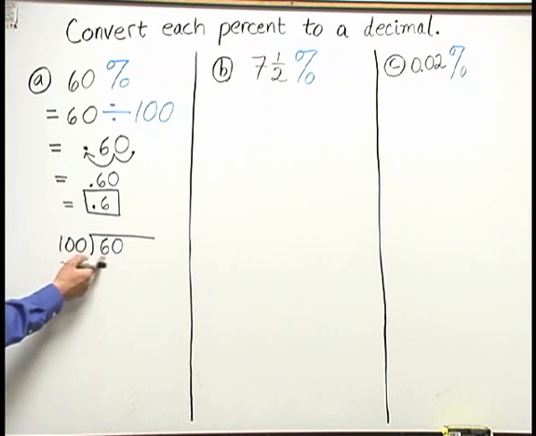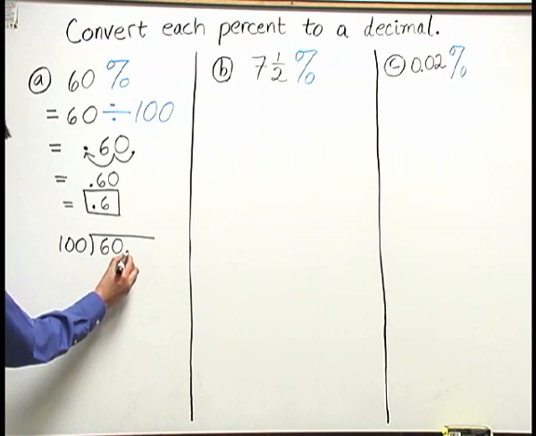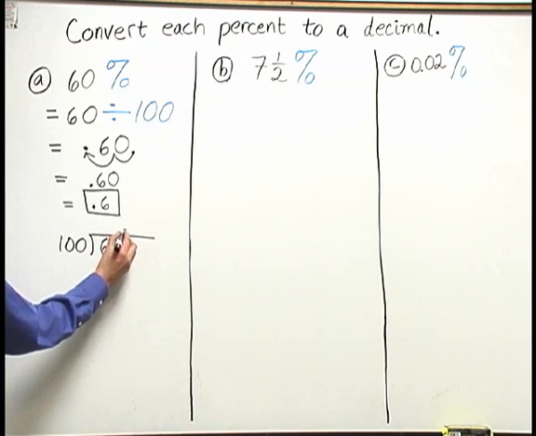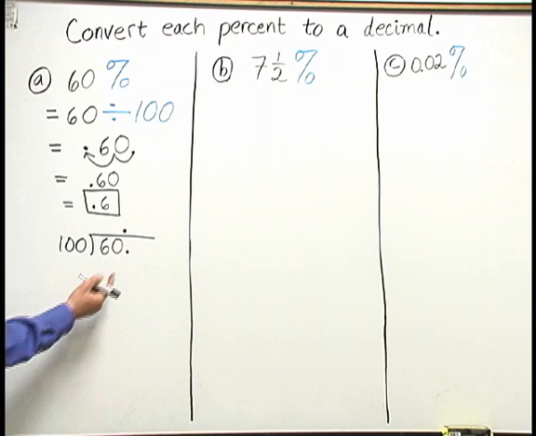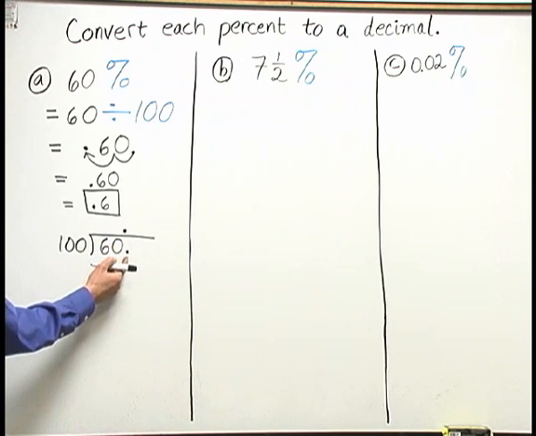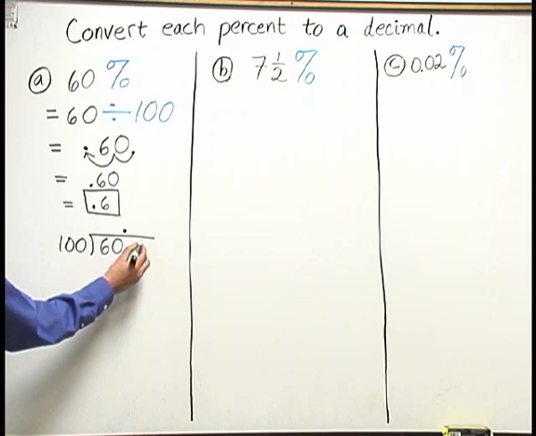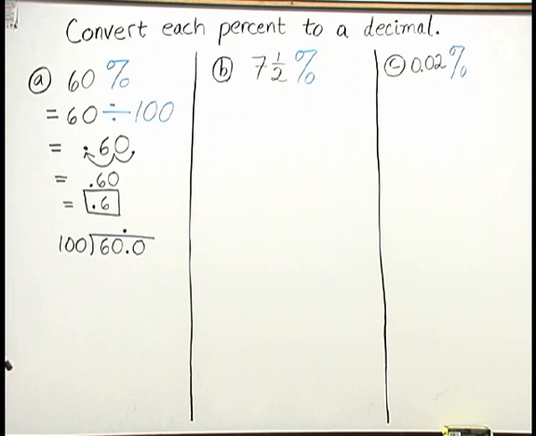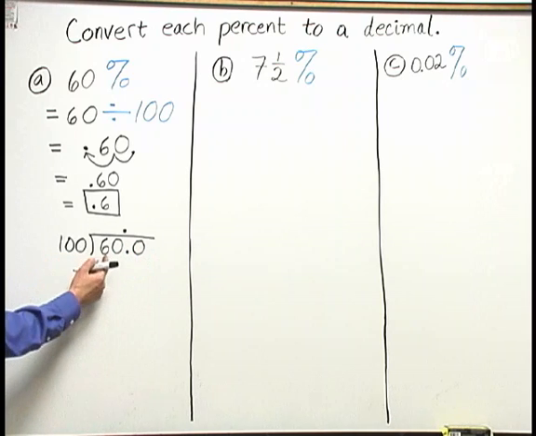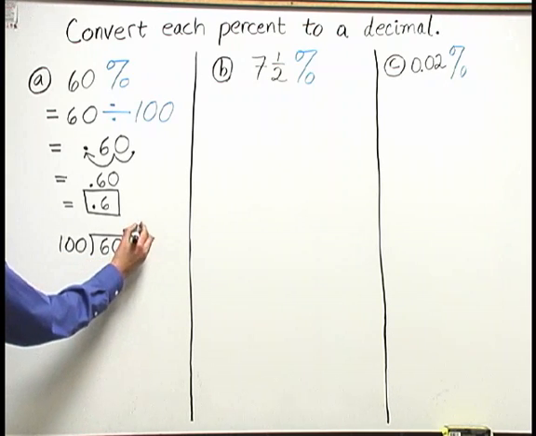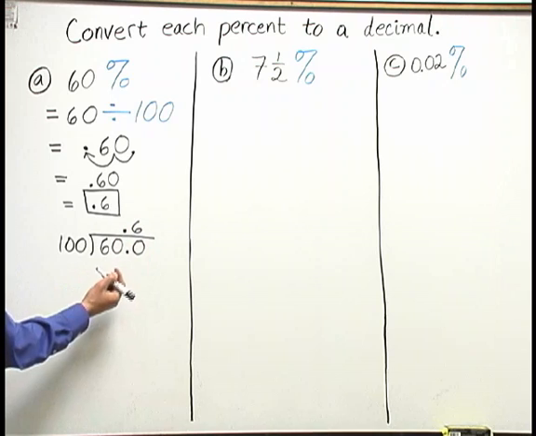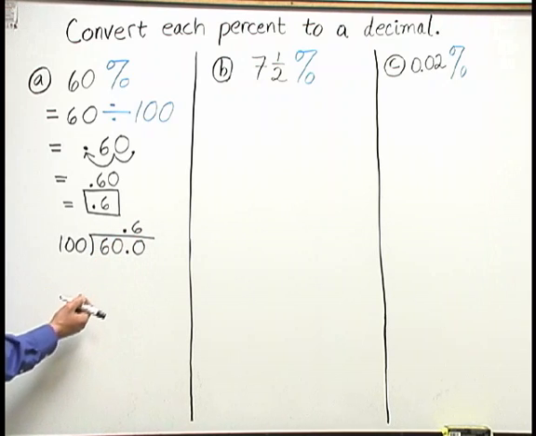Now 100 doesn't go into the whole number of 60, so I can add a decimal point inside, write a decimal point up above. Because I've written a decimal point here, I can write a 0 just to the right. And now I can think about 100 going into 600, that's 6 times.